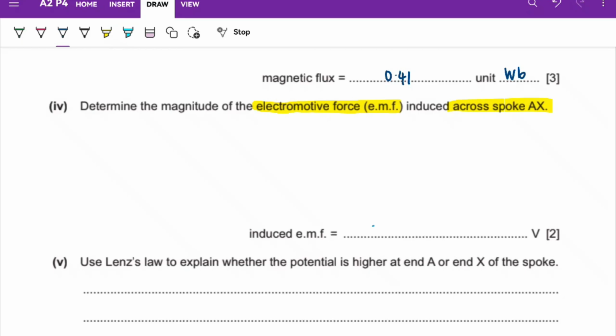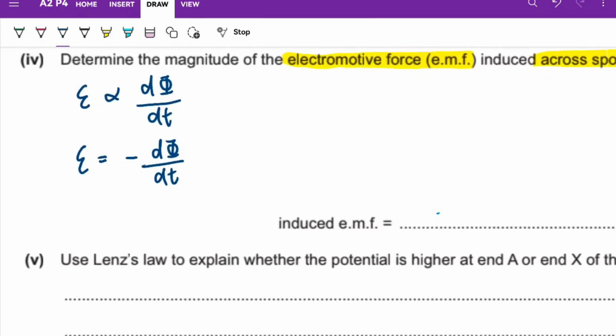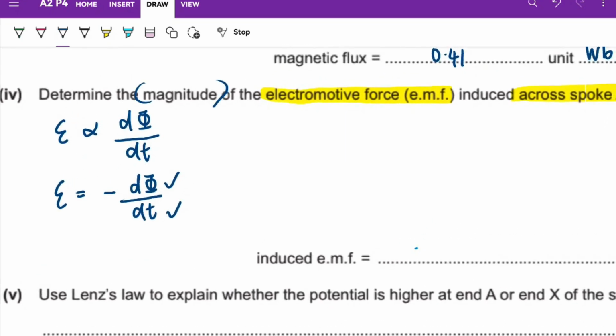So then they introduce a constant, which is -1, over dt. Basically, what they're trying to say is the change in flux cutting over the change in time, right? And they want only magnitude, so you can ignore your negative sign for this case because they're asking for magnitude.